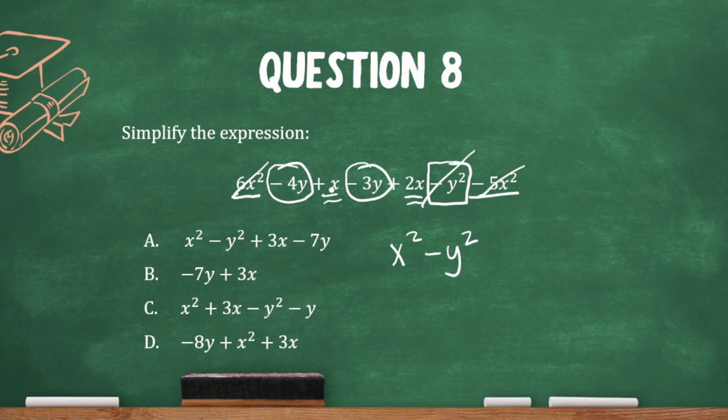Now I'll do the x terms. I've got x plus 2x, that's 3x. And then negative 4y minus 3y is negative 7y. So the answer that matches what we have is A.